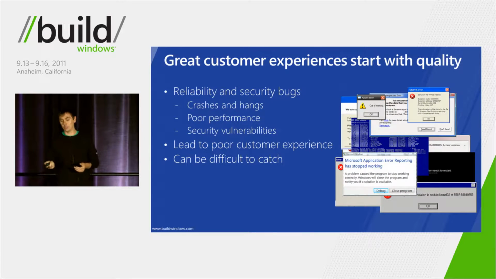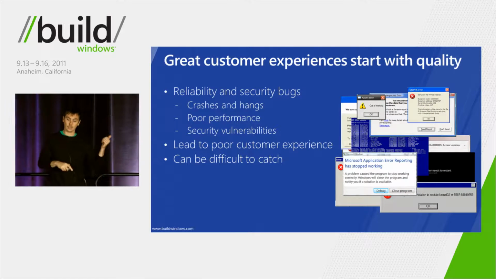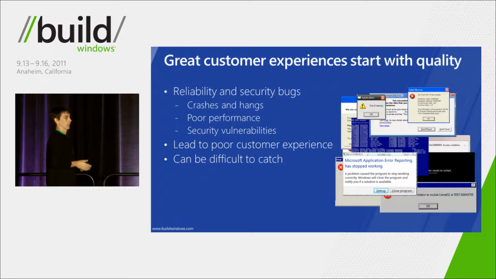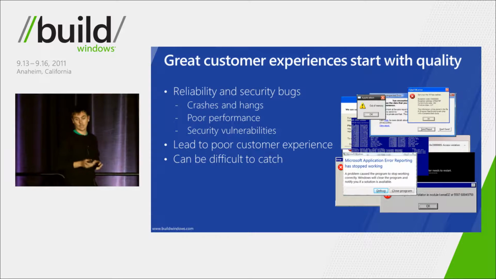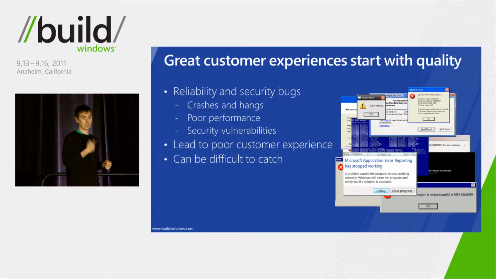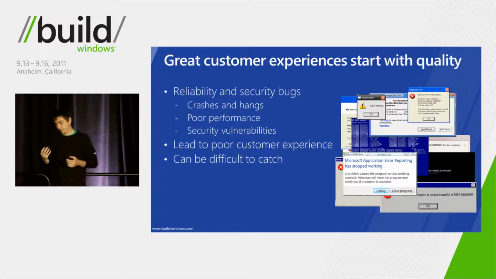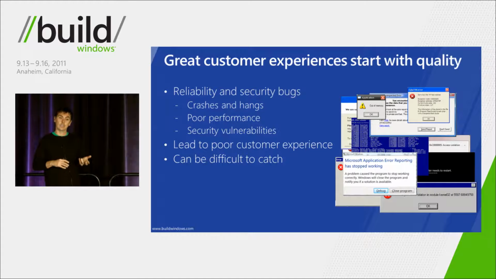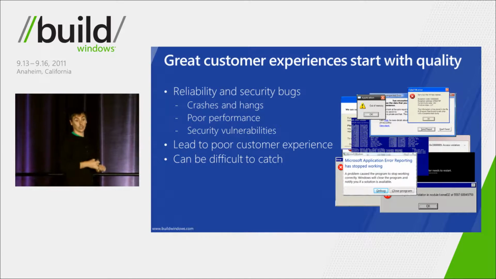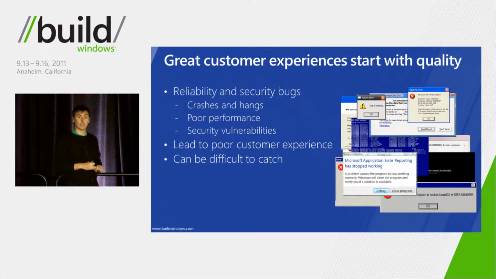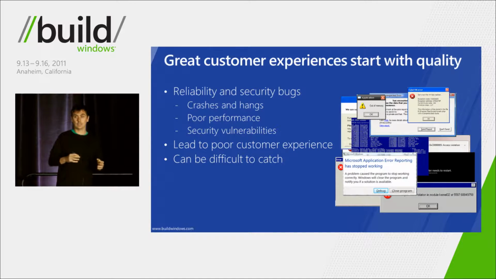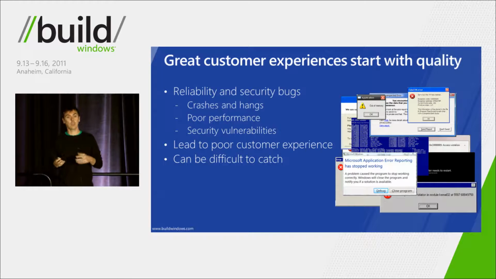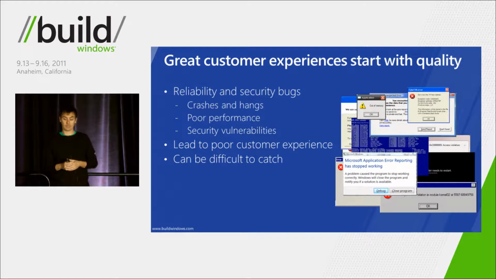Let's move on to what's important for any project, and that's really quality. Great customer experiences start with quality. We often define high-quality applications by what they don't do. These are things like crashes and hangs, security vulnerabilities, poor performance. These are characteristics of poor quality applications.